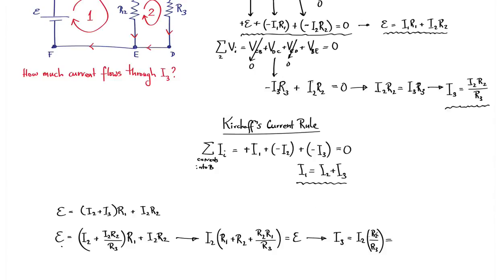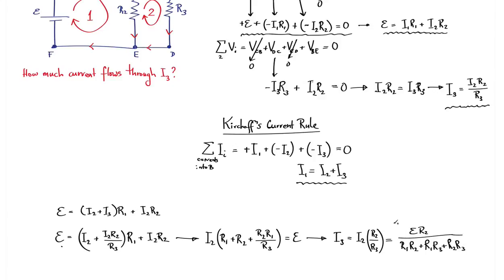If I clean up my algebra, I'll get something that looks a little bit like this. I'll get E R2, which comes from this term. And then in this denominator here, if I put a 1 over R3 on each one of these terms, and there's an R3 over here, those will cancel, so I'll get something that looks like R1 R2 plus R1 R3 plus R2 R1, or sorry, R2 R3.